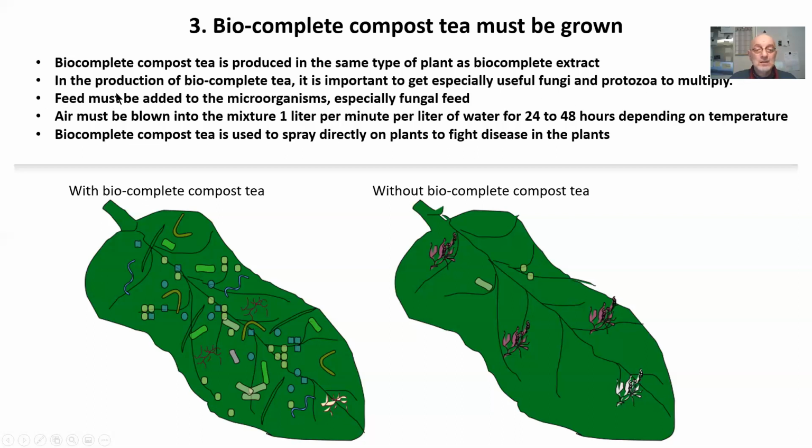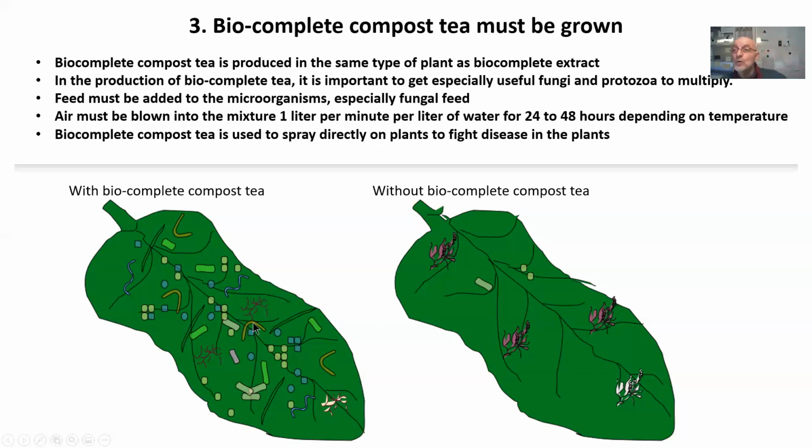You make the tea to get the microorganisms to multiply, especially fungi and protozoa. Air is blown into a mixture at 1 liter per minute of water for 24 to 48 hours, depending on the temperature. And it can be used to spray on the plants in the field.